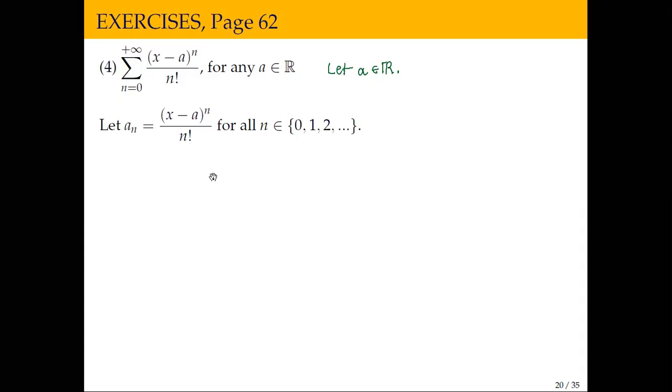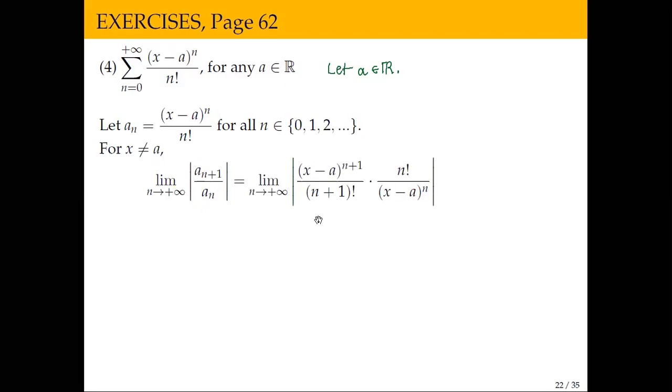So we exclude the value a before we proceed with the ratio test. So for all x that is different from a, we take the limit of the absolute value of a sub n plus 1 over a sub n as n goes to positive infinity.